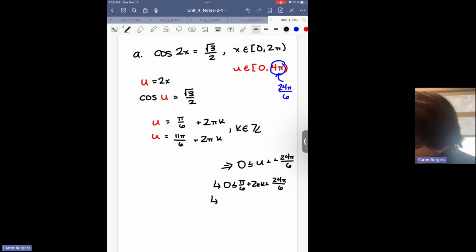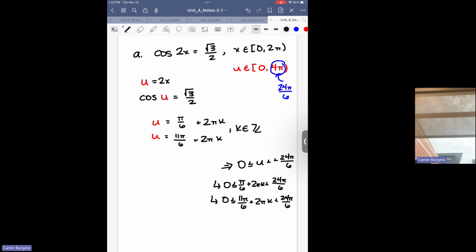And we also get that 0 is less than or equal to 11 pi over 6, that second node, plus 2 pi k is less than 24 pi over 6. And actually figuring out what k can be is just solving these two equations for k. The first equation will give us what k is allowed to be for the first node, and the second equation will give us what k is allowed to be for the second node.